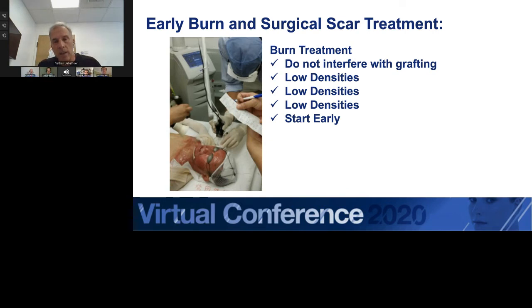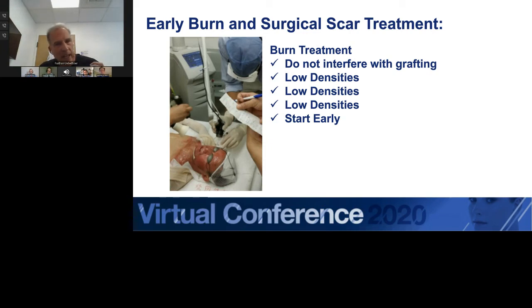But if you're starting out, if you're wanting to do the safest thing, this is a very safe and effective way to start early, as I did on this young patient. You can see here, after a mass burn injury in China, he had already had all of the surgery he could have, but this was still a relatively new burn, under a month old, still very red.